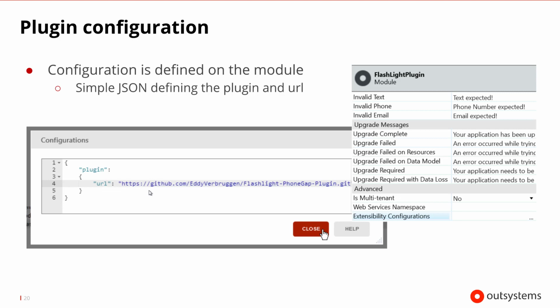So this should be a URL address. Here we're going out to GitHub, and we're able to go ahead and find the flashlight as to where that actually is. So this is just a simple JSON definition to say here's a plugin and here's its URL. It could be more complicated than that, but it can be this simple. So it just depends on the type of plugin that we're working with.